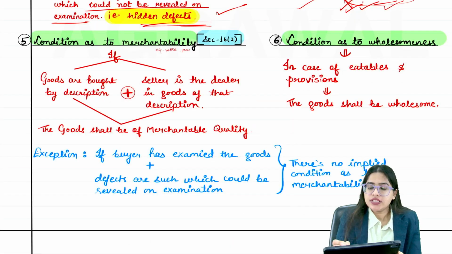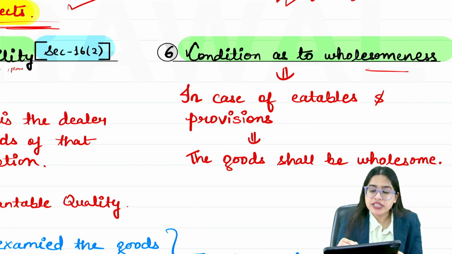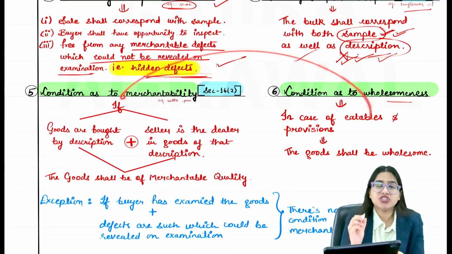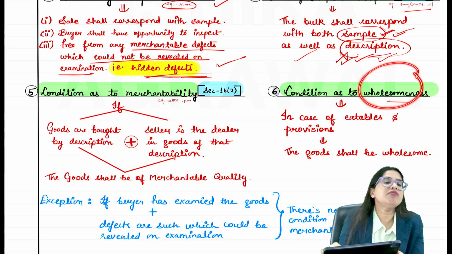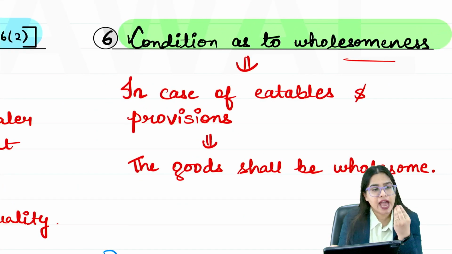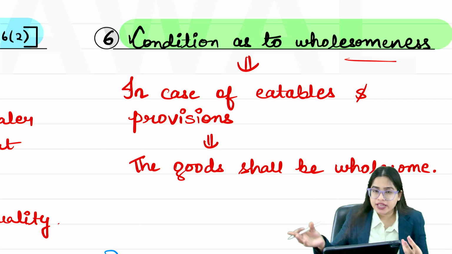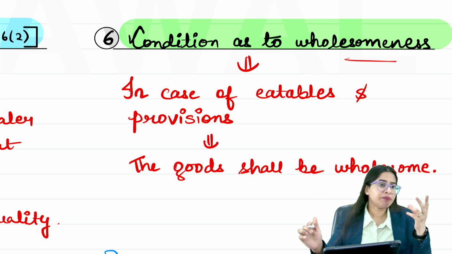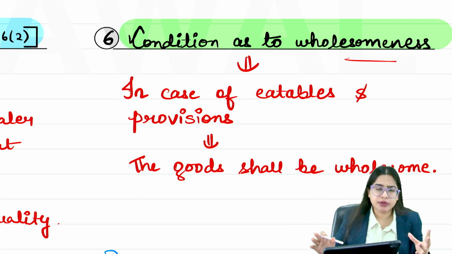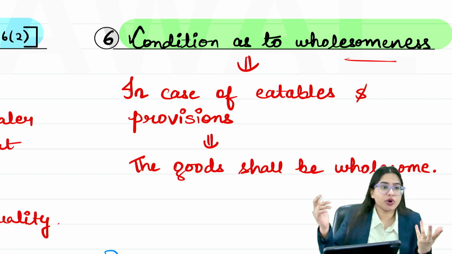Okay, second last condition as to wholesomeness. Guys, it is just like merchantability. Just like the word merchantability is used for goods, similarly the word wholesome is used for any eatables and provisions. For example, if you're buying biscuits, chocolates, food items, rice, wheat, anything which is eatable, pasta, Maggi, or you went to a restaurant and ordered pizza.